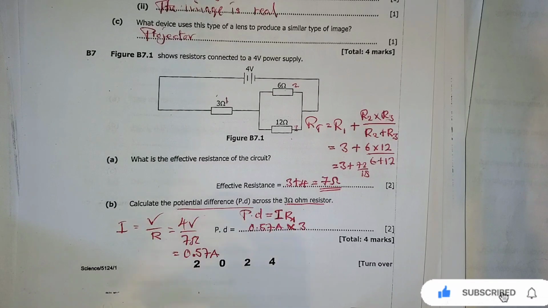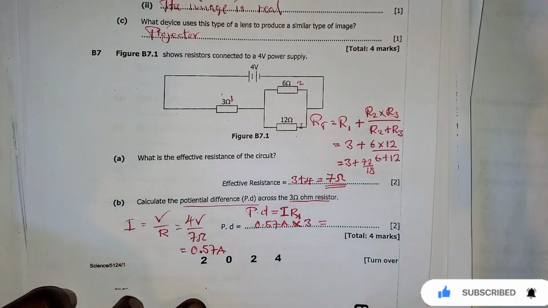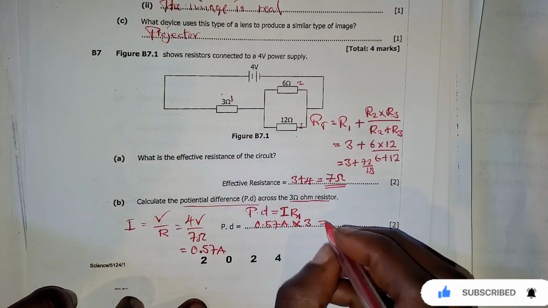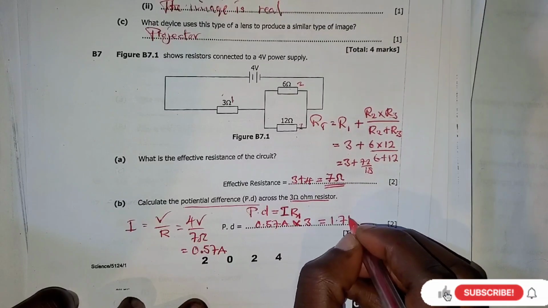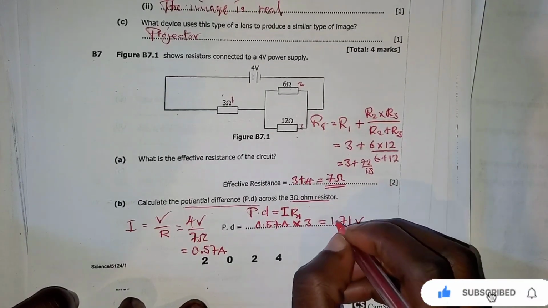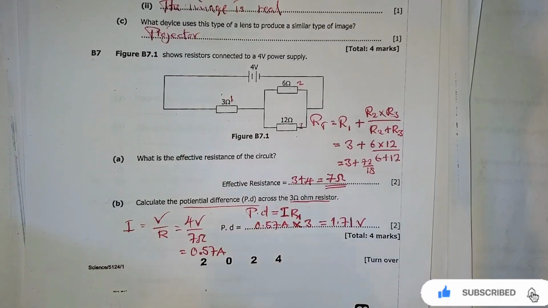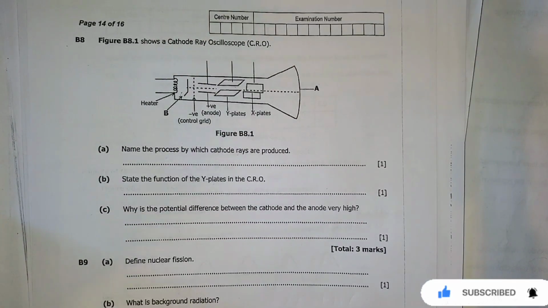Okay, the answer is giving me 1.71. Since it's potential difference, it will be in volts. So 1.71 volts.